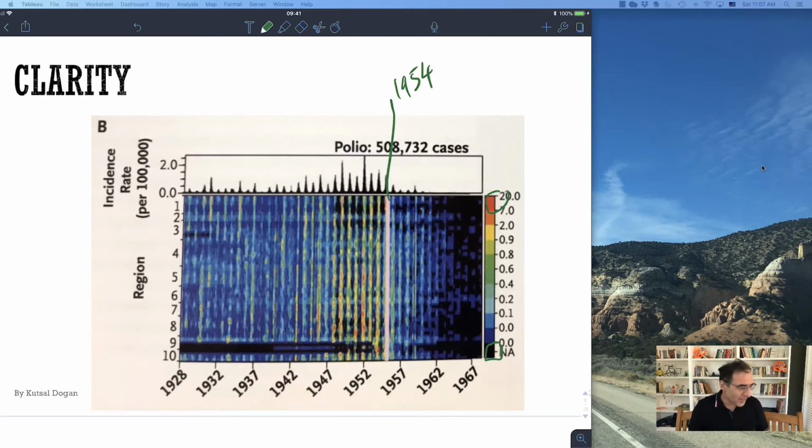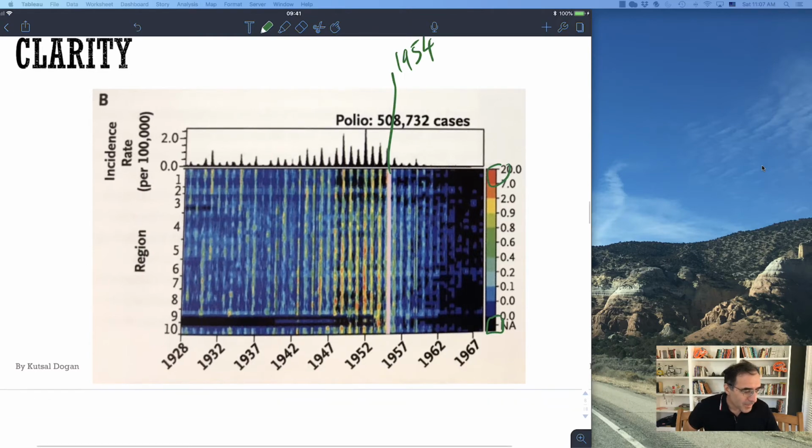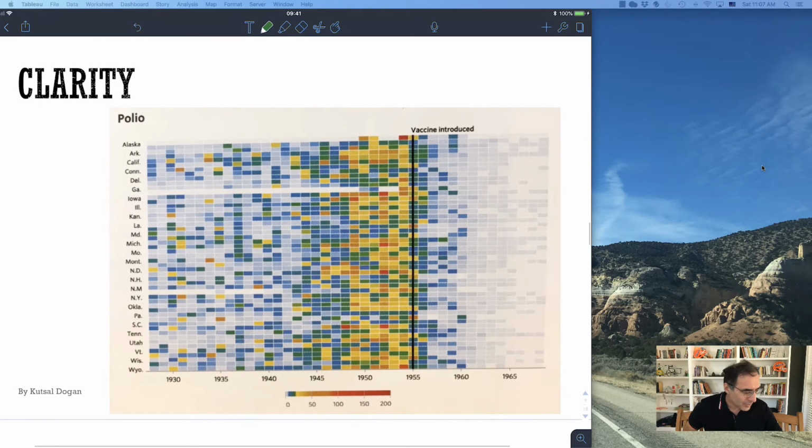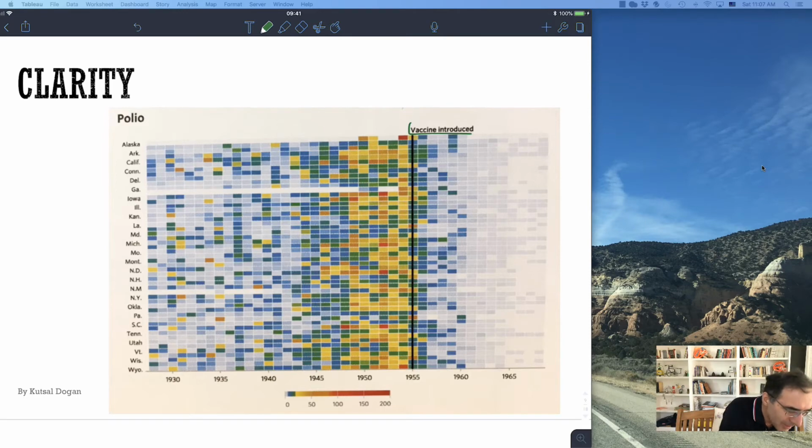So there's this remake of this chart using heat maps. Let's look at what happened. The same chart with different regions. Now the regions are clearly marked. States are clearly marked. And you immediately see what the impact is. In 1955, I was wrong actually, it wasn't 54, it was 1955, the vaccine was introduced. So right here is clearly marked when it's introduced.